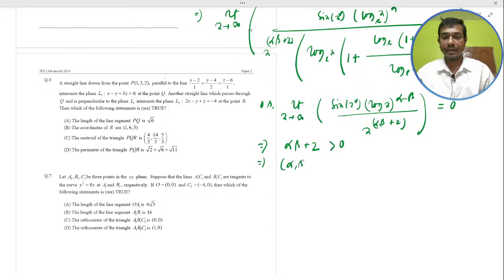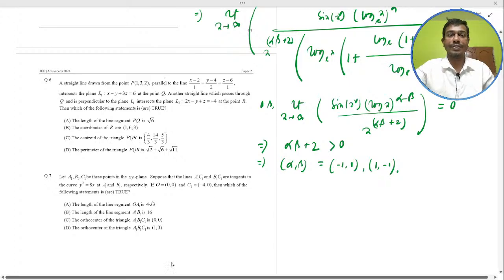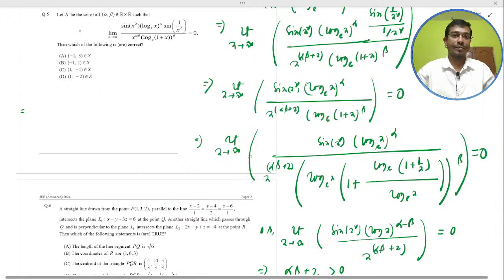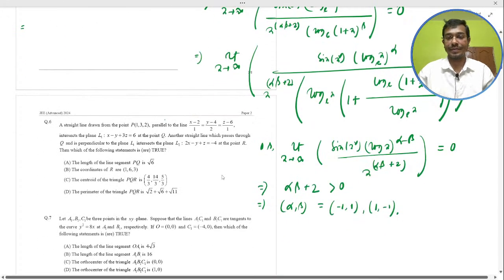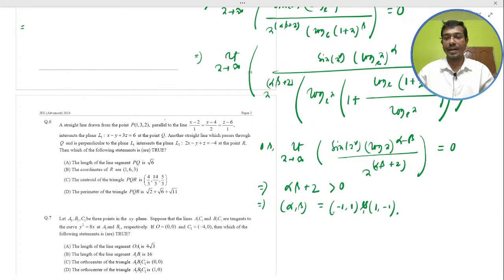That implies the alpha beta is equal to minus 1 1 and 1 minus 1. Which option? B and C. B minus 1 1 and C 1 minus 1 belongs to N. Okay, B and C. Minus 1 1 and 1 minus 1.